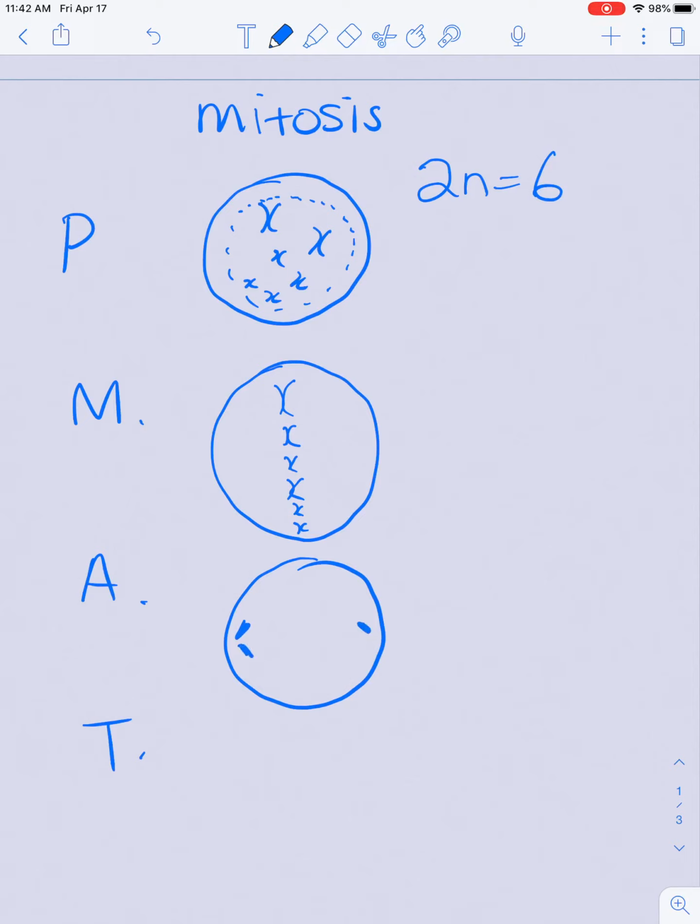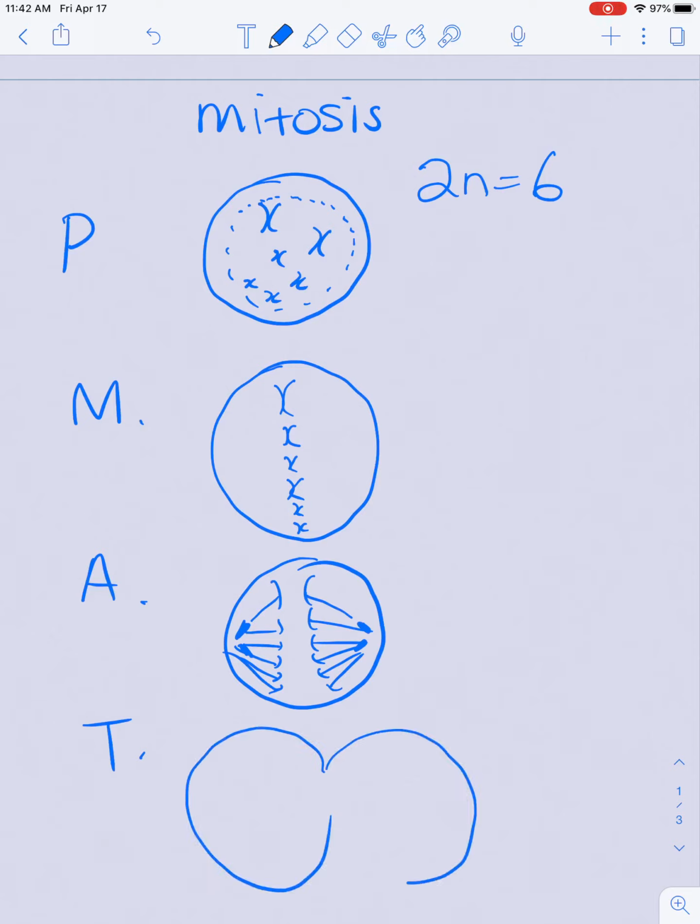And in anaphase, the little centrioles are going to grab the sister chromatids and pull them apart. So all 6 chromosomes get tugged at that centromere and they get pulled apart.